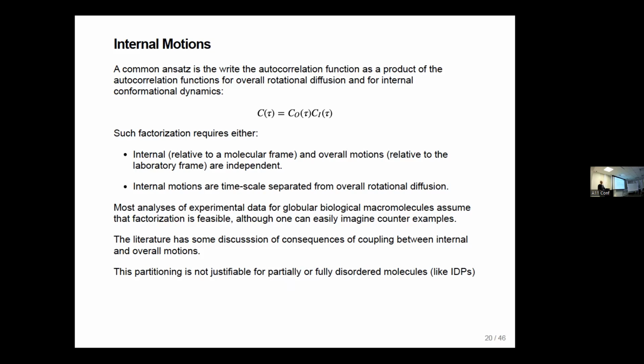But even so, we don't yet really have strong experimental demonstrations and cases. That's still for the future. And then this partitioning goes completely out the window, of course, if you have IDPs or unfolded proteins. And there we still know relatively little about how we should quantitatively analyze the data rather than just looking for trends.